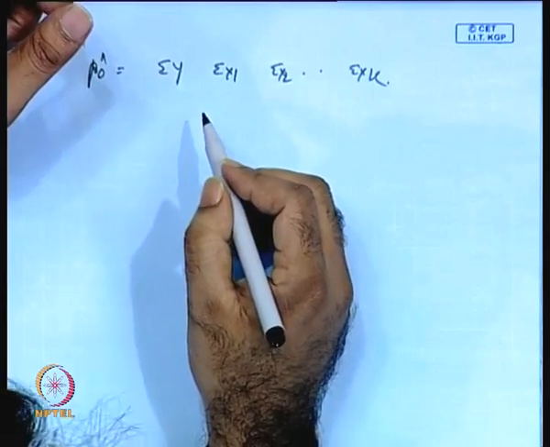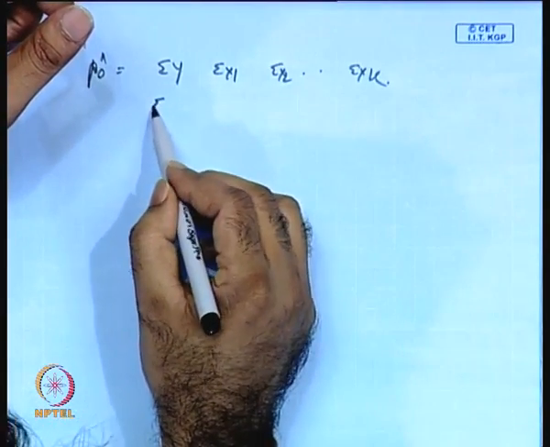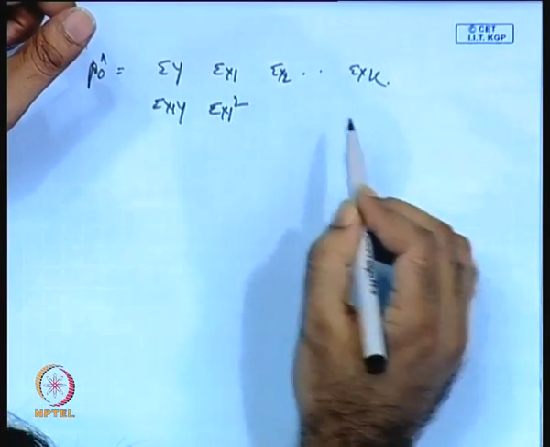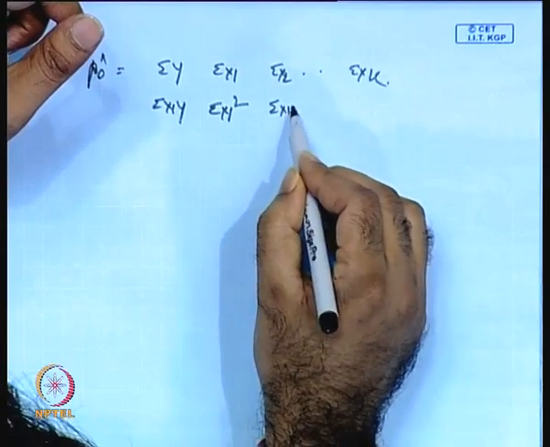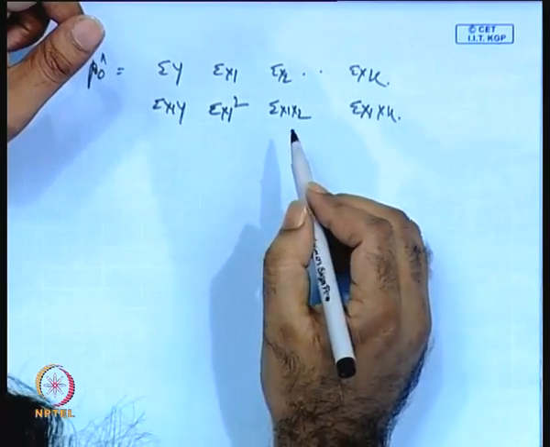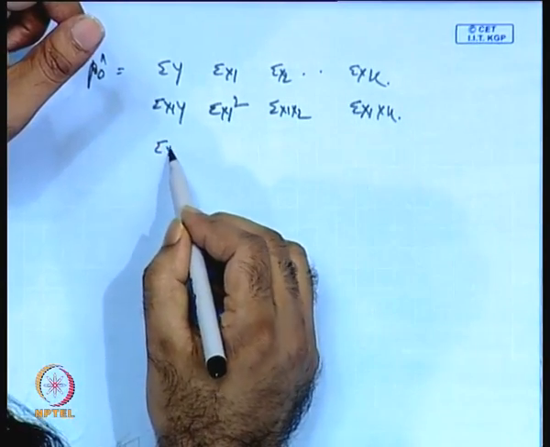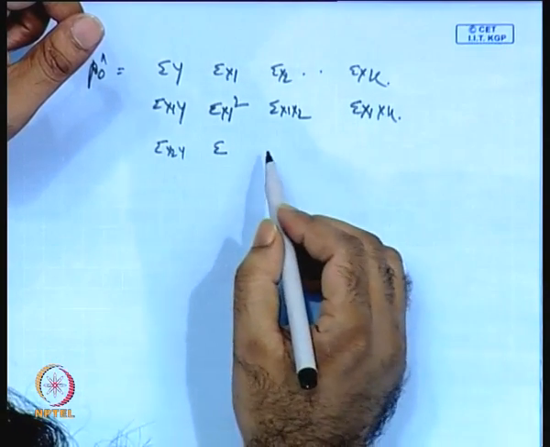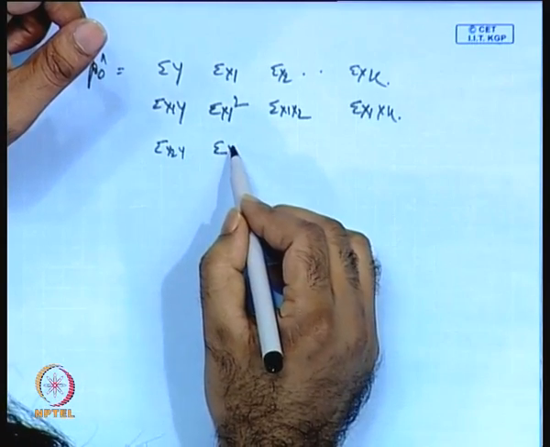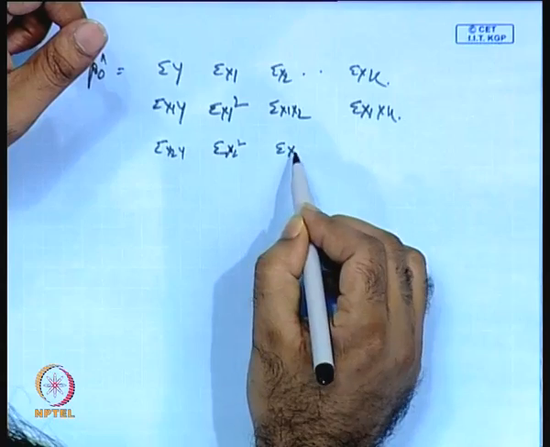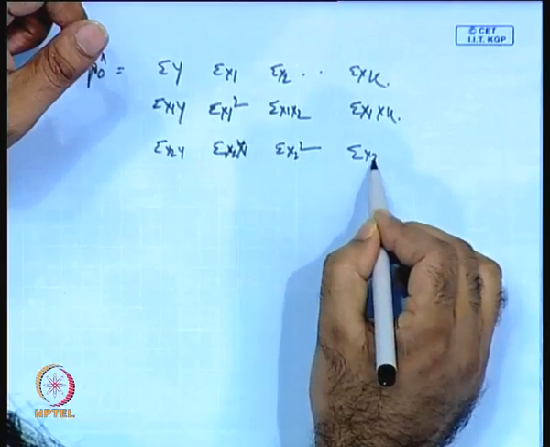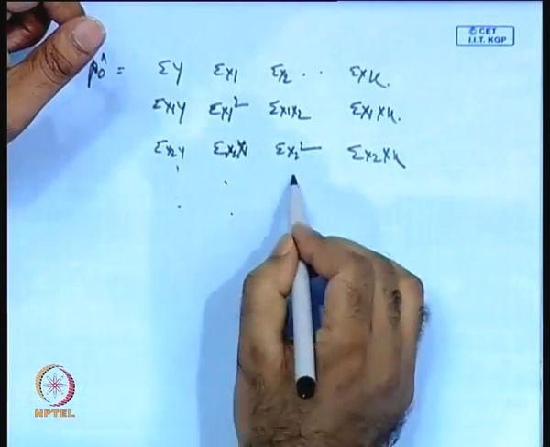Then summation x1y, summation x1 square, summation x1 x2, summation x1 xk. Then summation x2y, summation x2 x1, summation x2 squares, summation x2 xk. Then it will continue.